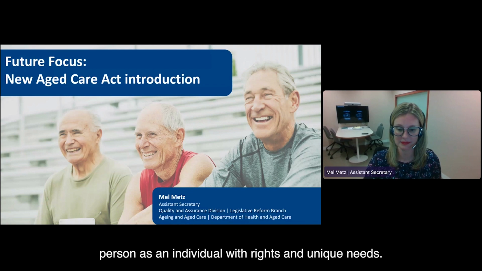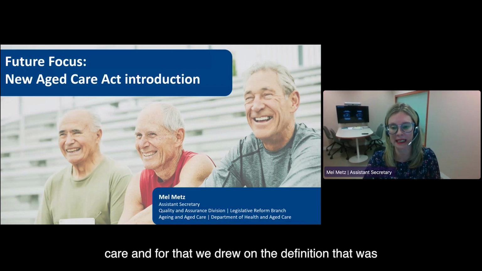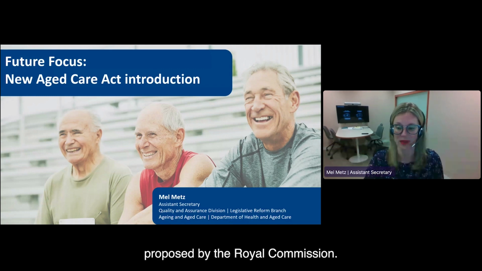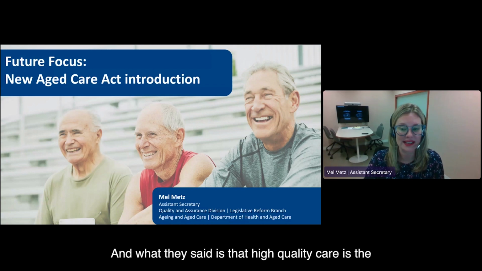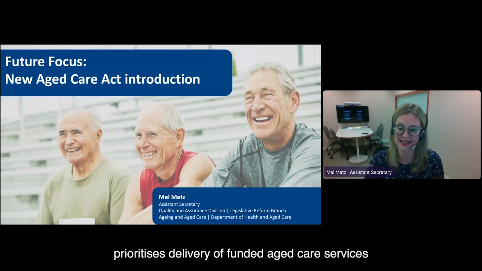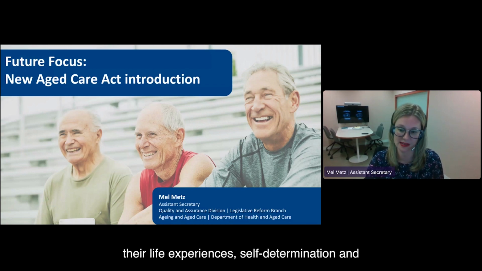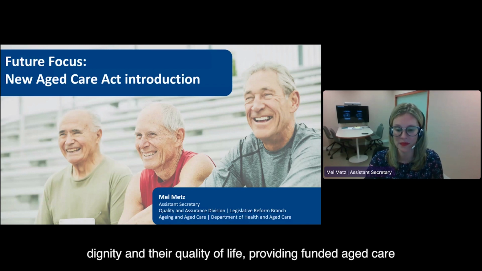We consulted on a proposed definition of high quality care, and for that we drew on the definition that was proposed by the Royal Commission. What they said is that high quality care is the delivery of aged care services in a manner that prioritises delivery of funded aged care services with compassion, respect for the individual, their life experiences, self-determination and dignity, and their quality of life.